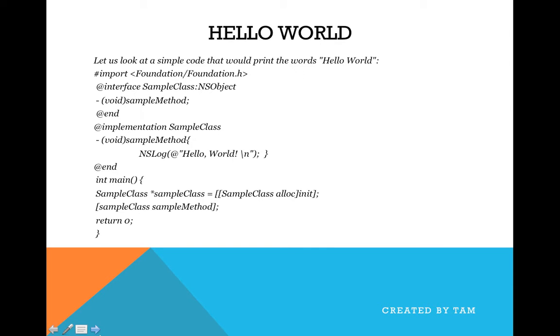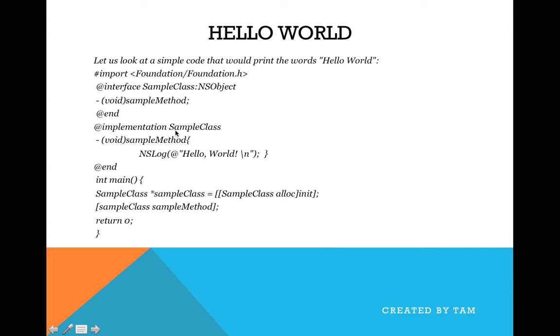Hello world. So now let us look at a simple code that would print the words hello world. So first we can see here #import <Foundation/Foundation.h>, then @interface SampleClass : NSObject, then - (void)sampleMethod, then @end.